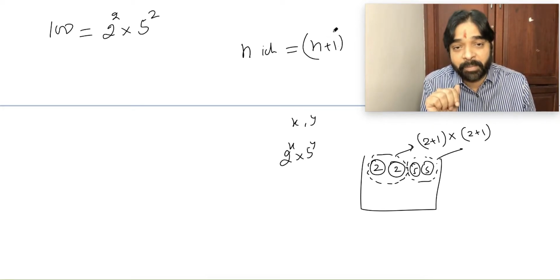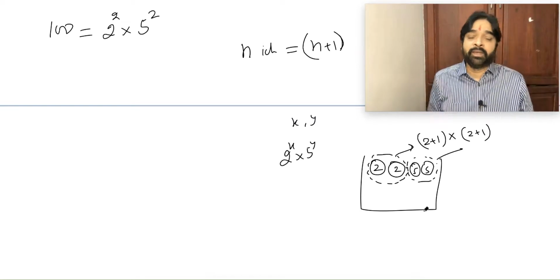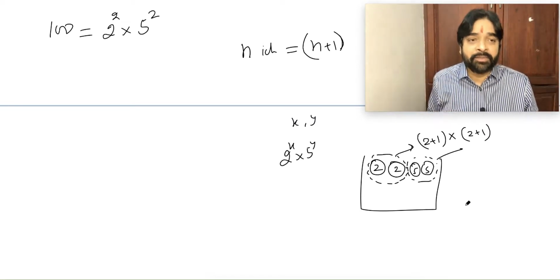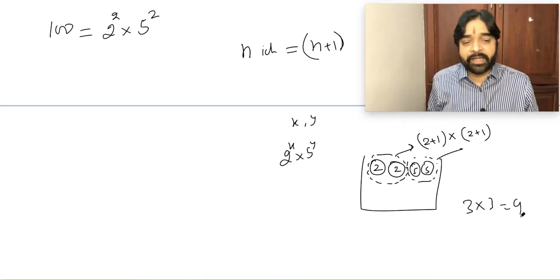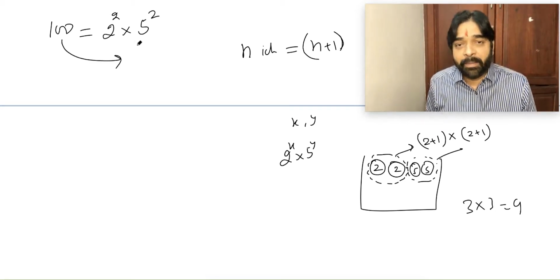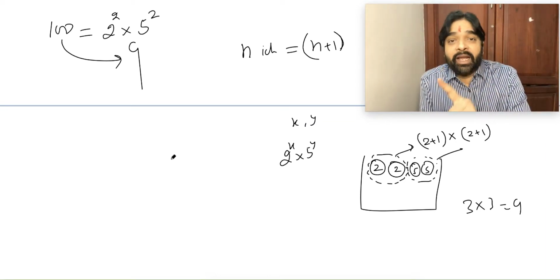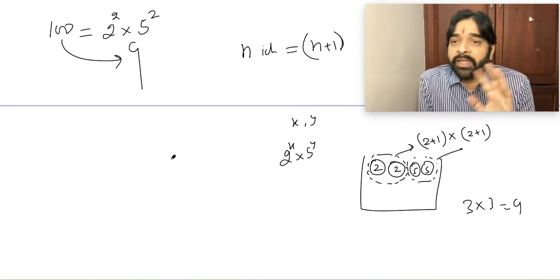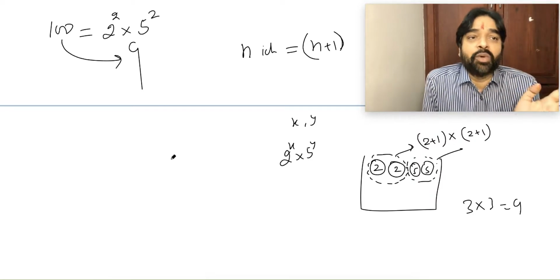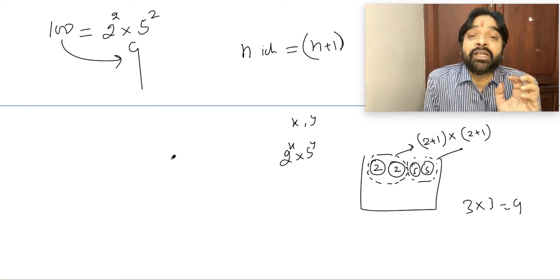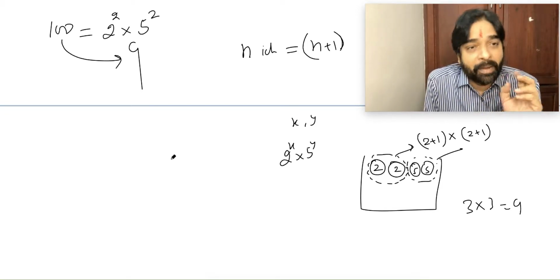If you do not remember the previous thing, it will be a problem. So the total will be 3 into 3, that is 9. It means 100 will have 9 factors, including 1 and 100. If they ask how many factors do not include 1 and 100, I will say 7.